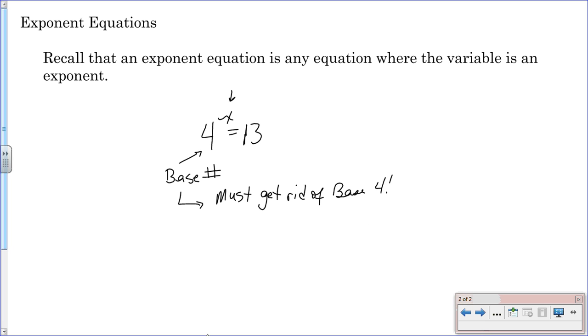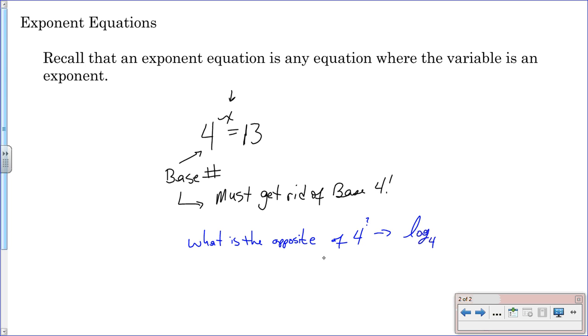So, to start the process, you need to ask yourself, what is the opposite of 4 raised to an exponent? Well, the answer is log base 4.